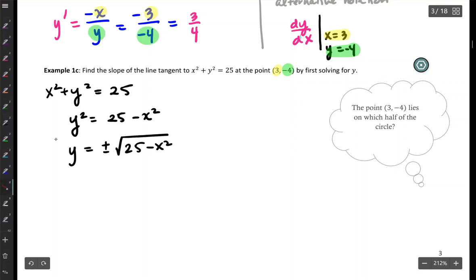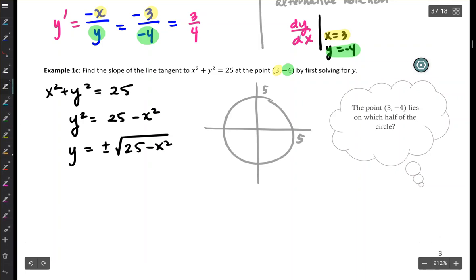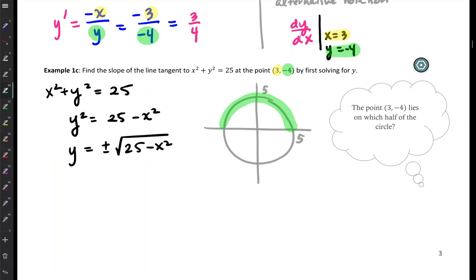Now, x squared plus y squared is 25. You may remember, and if you don't, that's okay, that is the equation of a circle centered at the origin of radius 5. The positive square root, when y is positive, we're above the x-axis. And then the negative square root, when y is negative, we're below the x-axis.